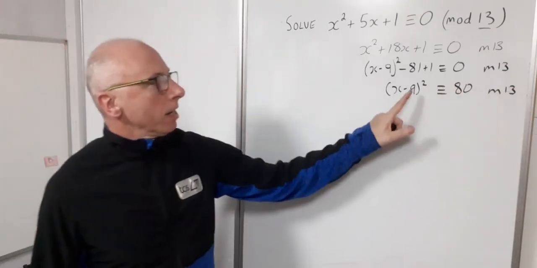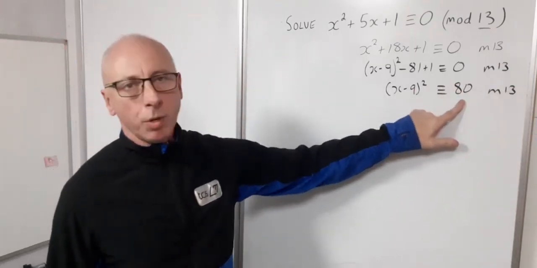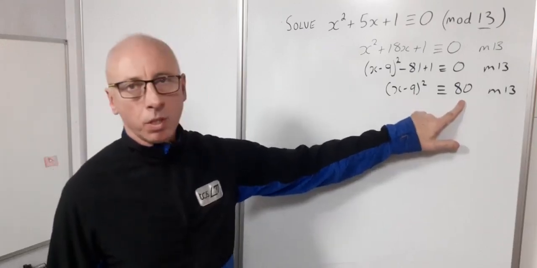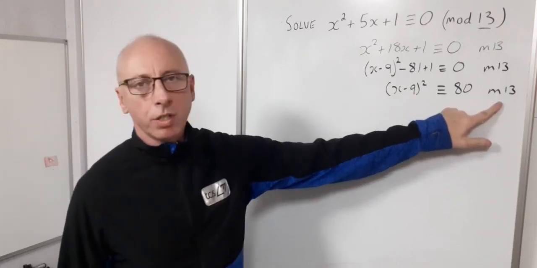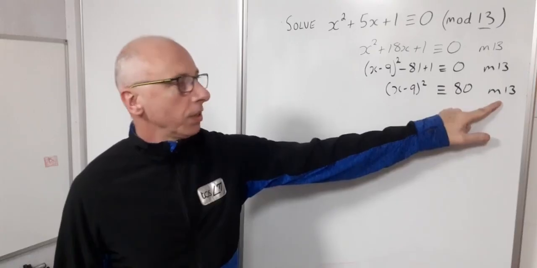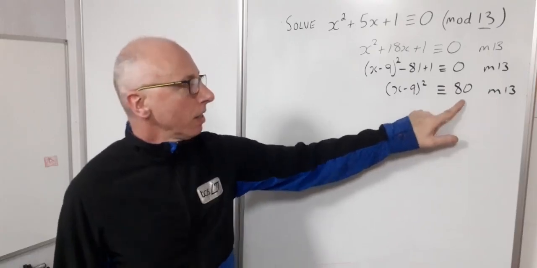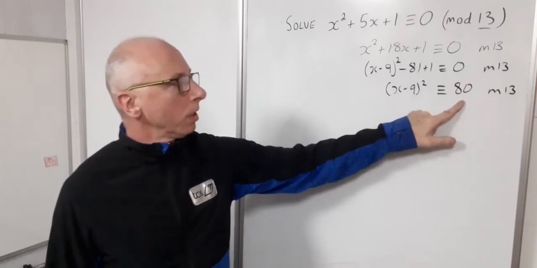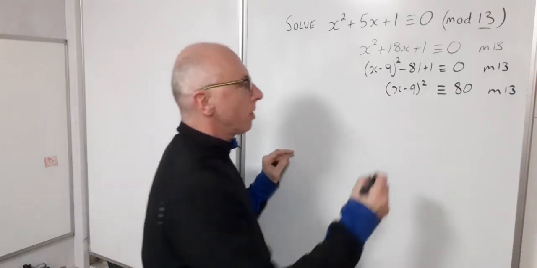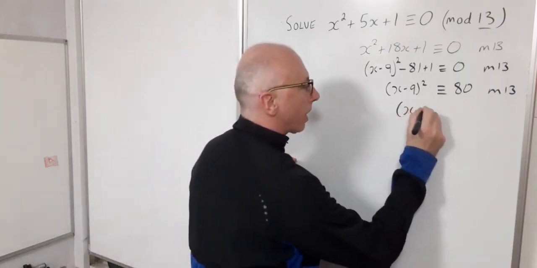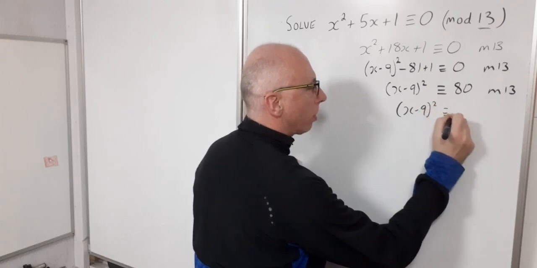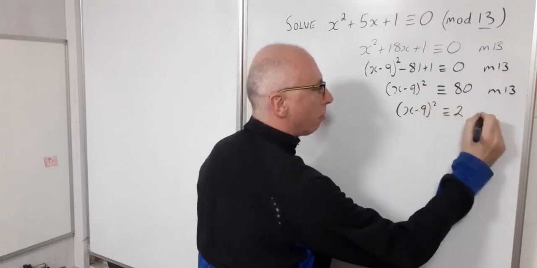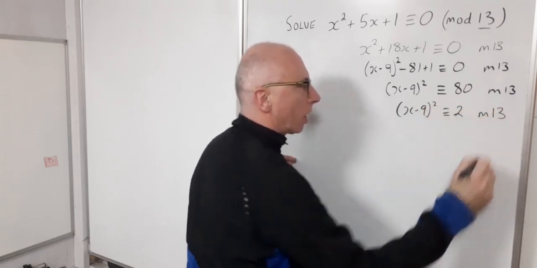Okay, so now we've got a square on this side. We want to bring this down to the lowest number, modulus 13. Well, 6 13s are 78, so this is congruent with 2 modulo 13. So let's rewrite that: x minus 9 squared is congruent with 2 modulo 13.